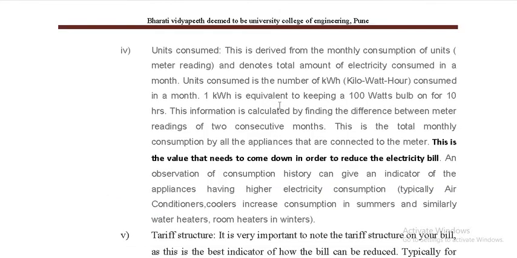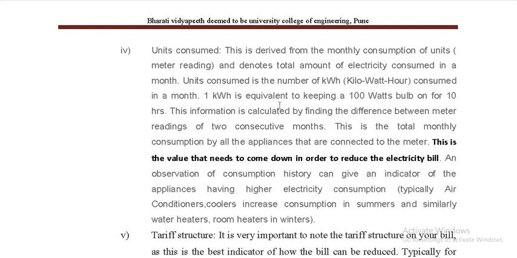Yes. The next one is units consumed. There are different slabs given. Up to 100 units it is this much rupee per unit of electricity, and 1 unit of electricity is actually 1 kilowatt hour. So 1 kilowatt hour of energy is charged at a certain rate for, let us say, 100 units.